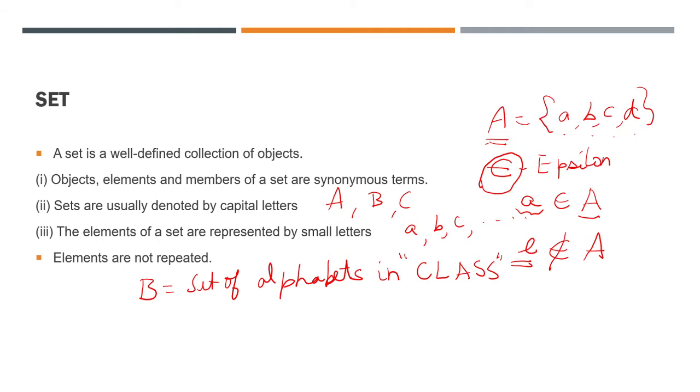If we denote B as the set of alphabets in the word class, then B is equal to C, L, A, S. It does not include another S. So the elements in a set are not repeated. Hence the definition of a set is a well-defined collection of objects, and we can call the elements in a set objects or members of a set.